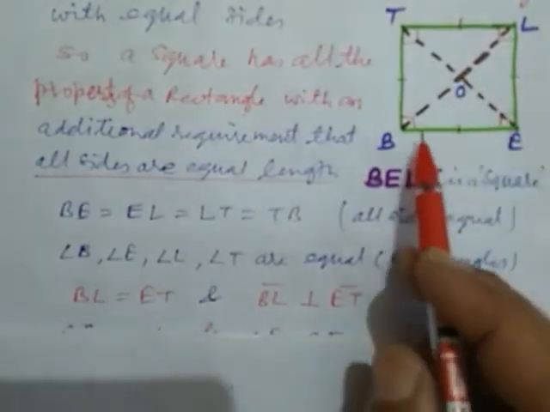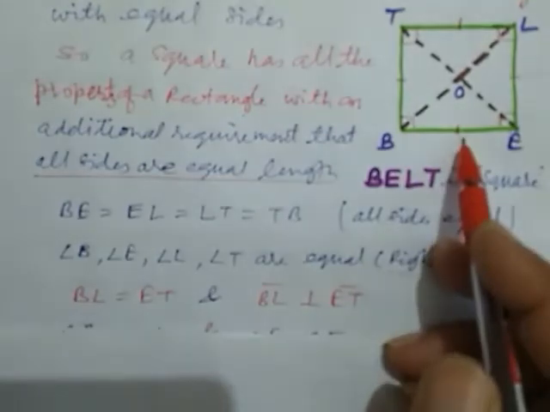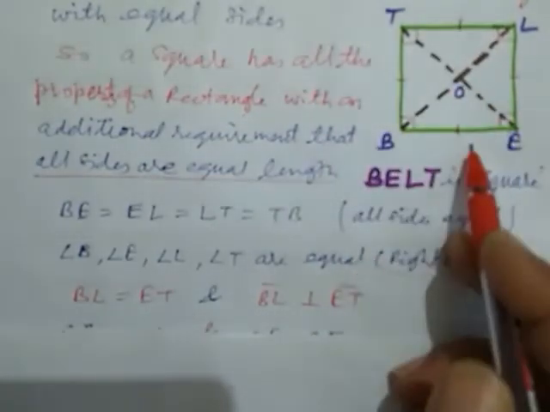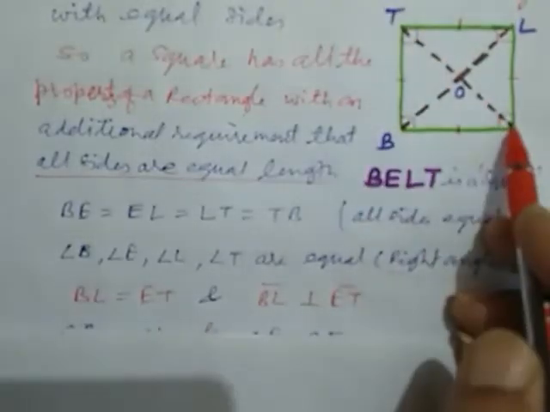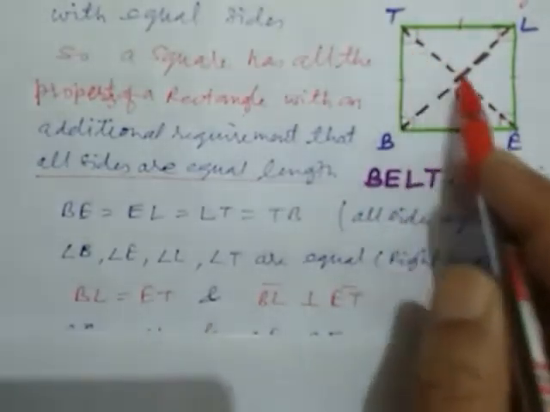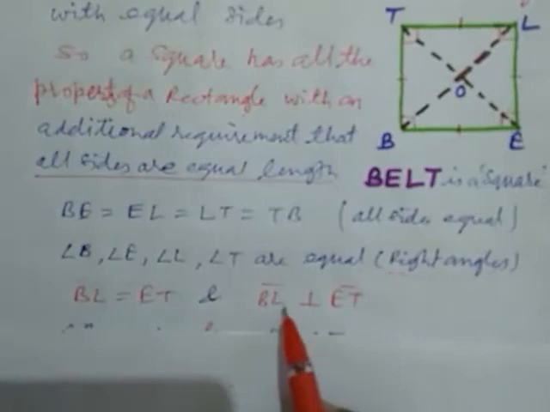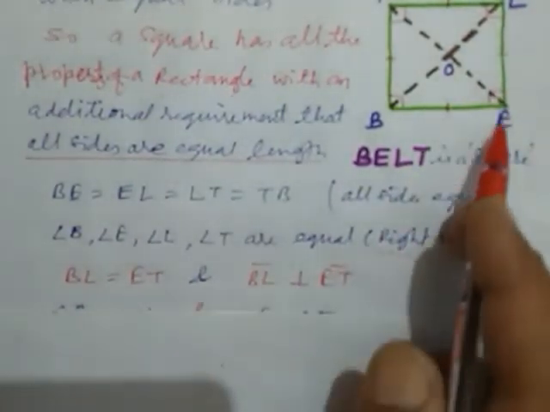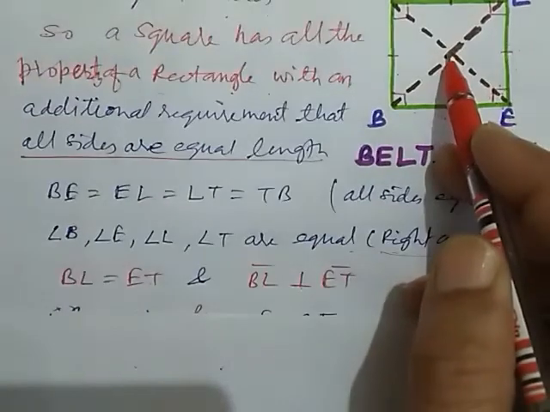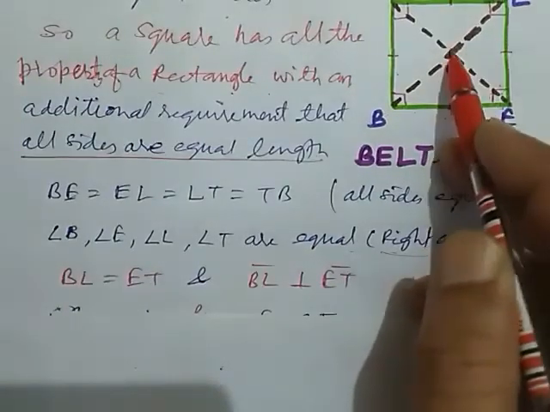In a rhombus, all sides are equal, and here also all sides are equal. So due to which both the diagonals perpendicularly bisect each other. Here we mention BL perpendicular to ET, and they are bisecting each other at O.